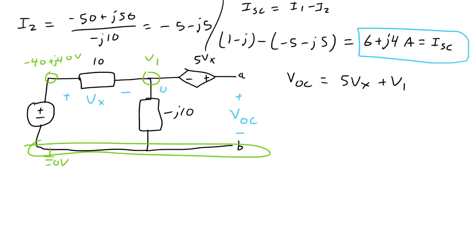So if this was 5 volts or whatever, and this voltage dropped by 1 volt, that means that this would be 10 volts. So let's go ahead and solve it. The one thing we can say though, this current is still I1, this current is I2, this current is 0.